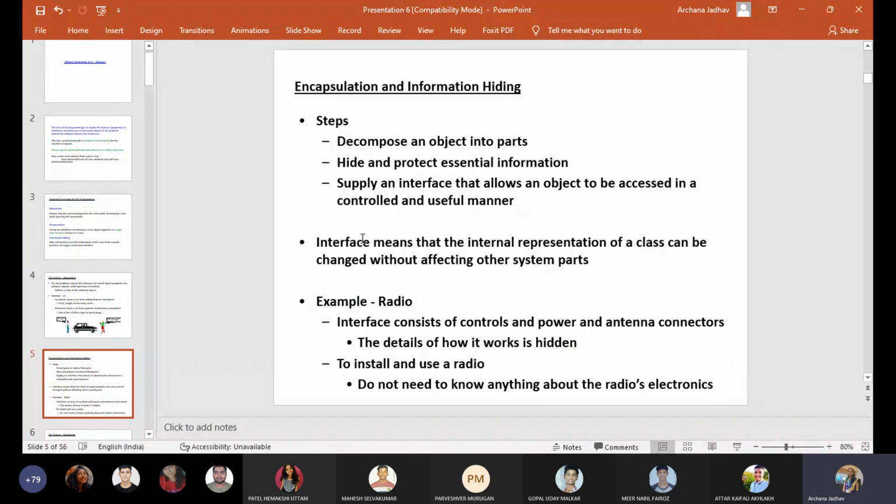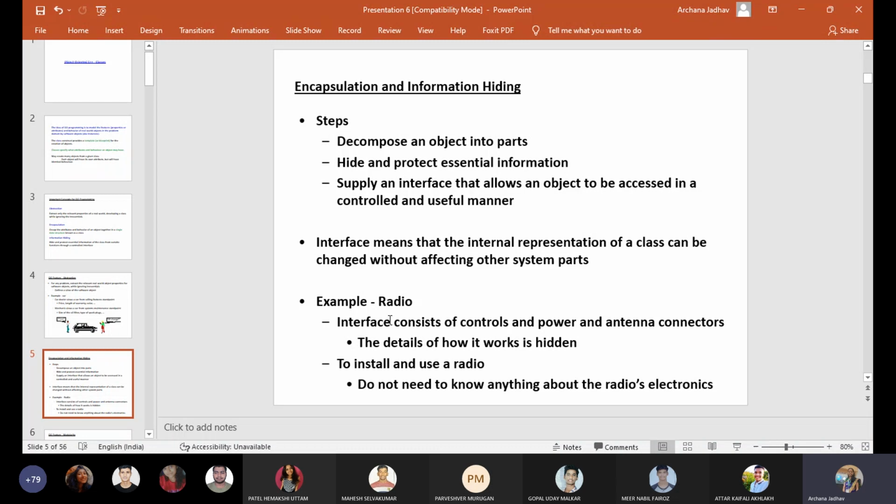Now for information hiding, the example given is of a radio. Whenever you want to tune to or start your radio, there is an antenna placed on your car or on the roof of your house.